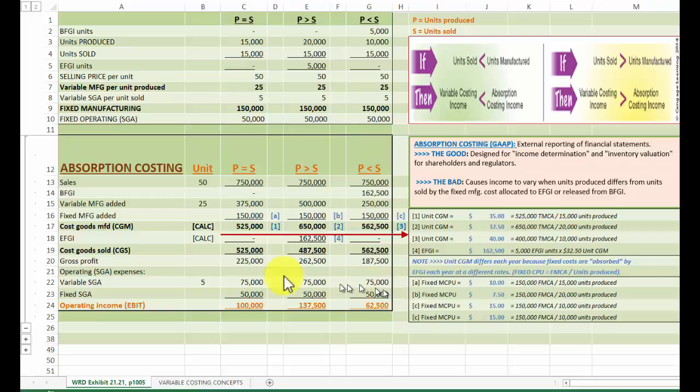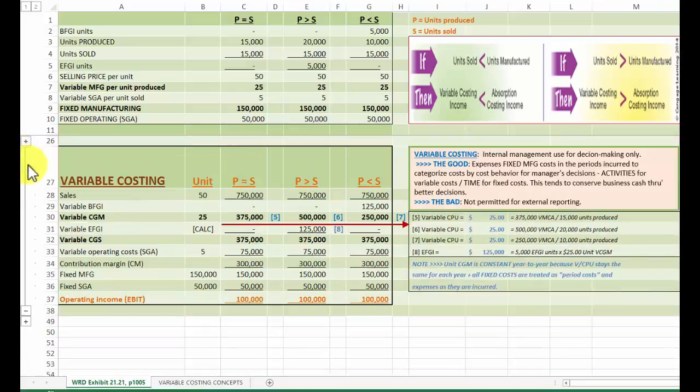Let's take a look now at what variable costing does for the manufacturing process. What variable costing does is to expense all fixed manufacturing costs in the period that they are incurred. And here's the key point that we'll point out first.